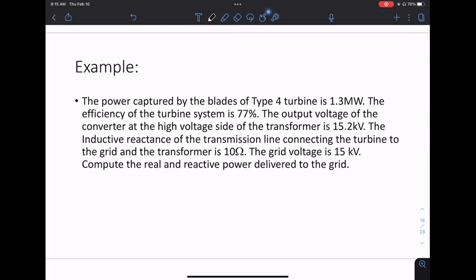The strategy for this type of question is: use active power to find delta, then find Q. Use P, find delta, then use delta to find Q. That's the strategy for solving this kind of problem.